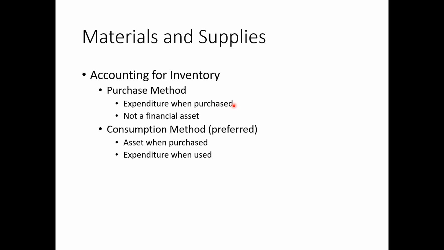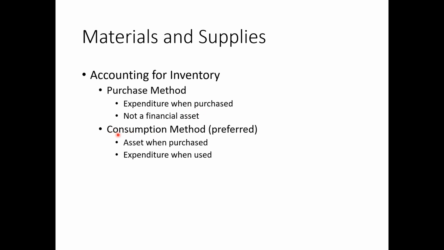So when we purchase supplies, we expense them totally. Then by the end of the period, if we have remaining supplies, we reverse and add them back to the funds.